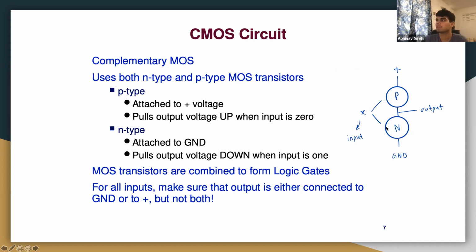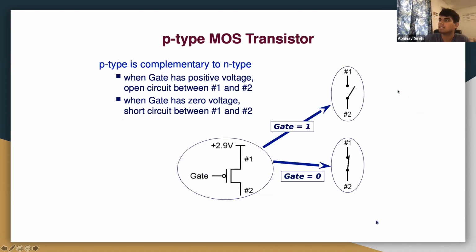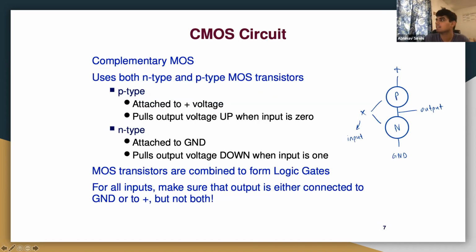If the input that goes in is 0, then, as we just talked about, for P types 0 voltage connects the circuit, right? So if the input is 0, this circuit will be connected, and the output will be a 1. And for an input of 1, this circuit will be connected, and the output will be 0.